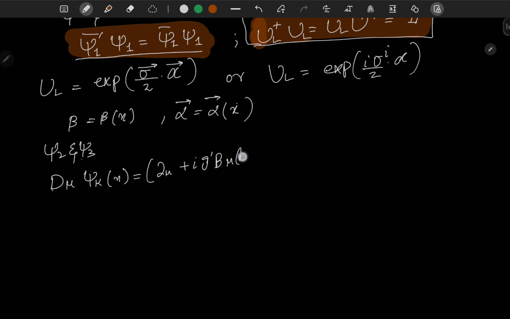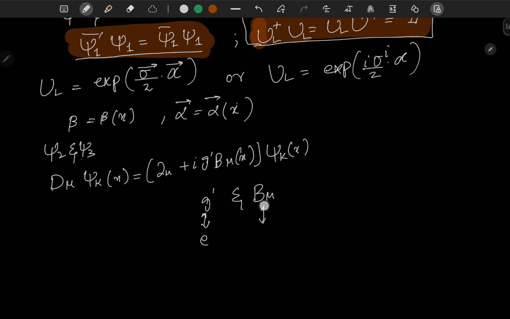Okay, so here we are introducing g prime and B mu. If we compare it with the QED case, in QED we had e as a coupling constant, which told us the strength of interaction, and here we are using g prime.